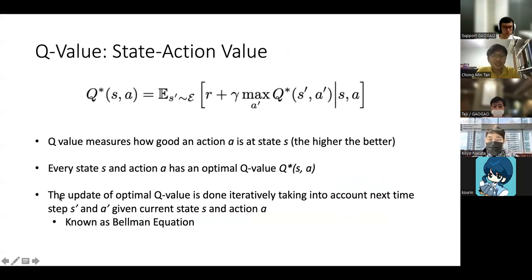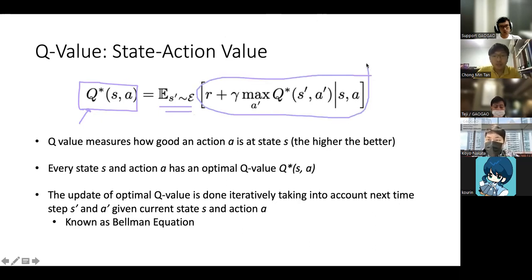The update of this optimal Q value is done iteratively, by taking into account the next steps S prime and A prime, given current steps S and A. So basically, the most updated value Q star would be equal to the expectation over all future states S prime.